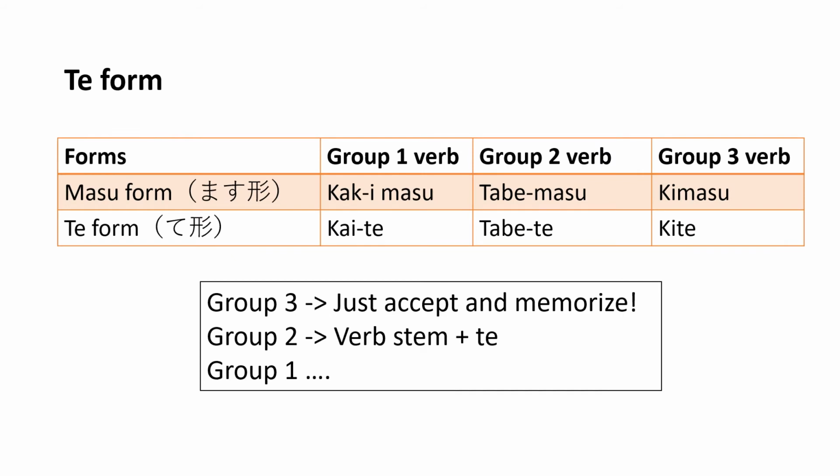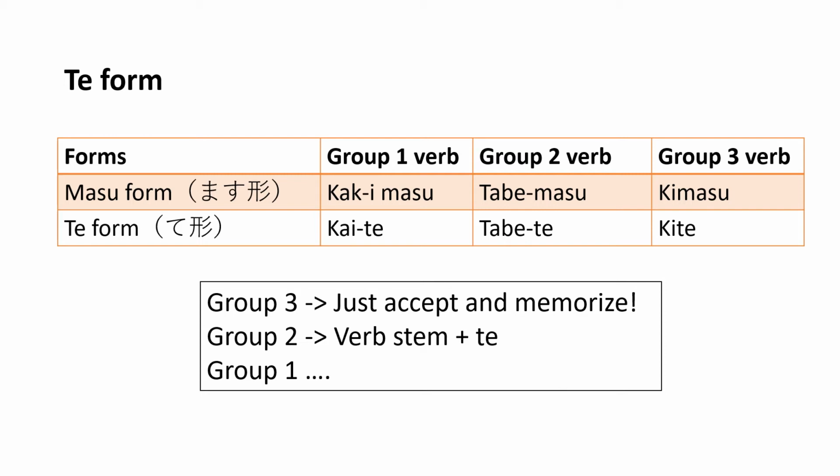Besides 7 verb forms that I just introduced, there are 2 more important verb forms, which are called te form and ta form. Let's take a look at te form first. I believe you've heard te form again and again already.